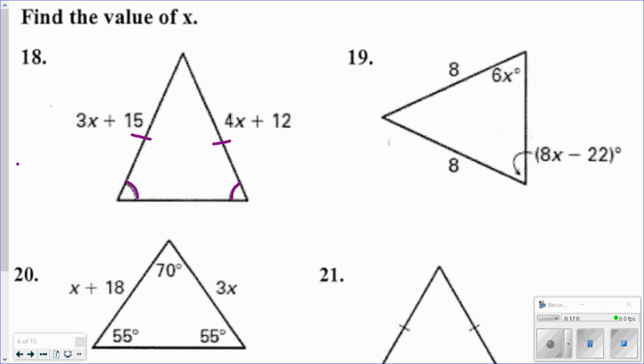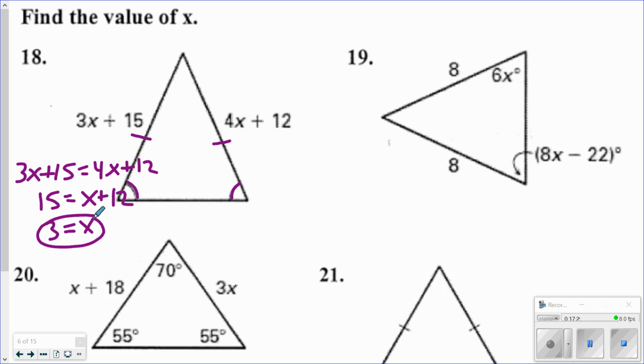So here we go. 3x plus 15 is going to equal 4x plus 12. I'm going to subtract 3x from each side, and when I do that, I have 15 is equal to x plus 12. Subtract 12 from each side, 3 is equal to x.